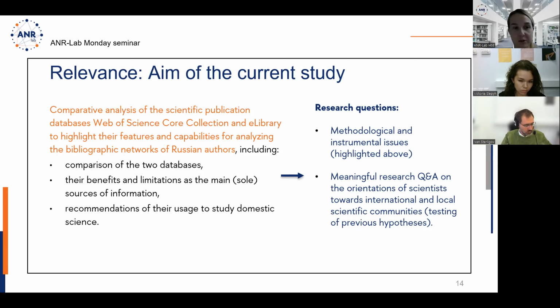There is a group which is oriented to work with the international community, and there is a group which is not communicating with the international community, and which is just interested in the domestic group of sociologists.